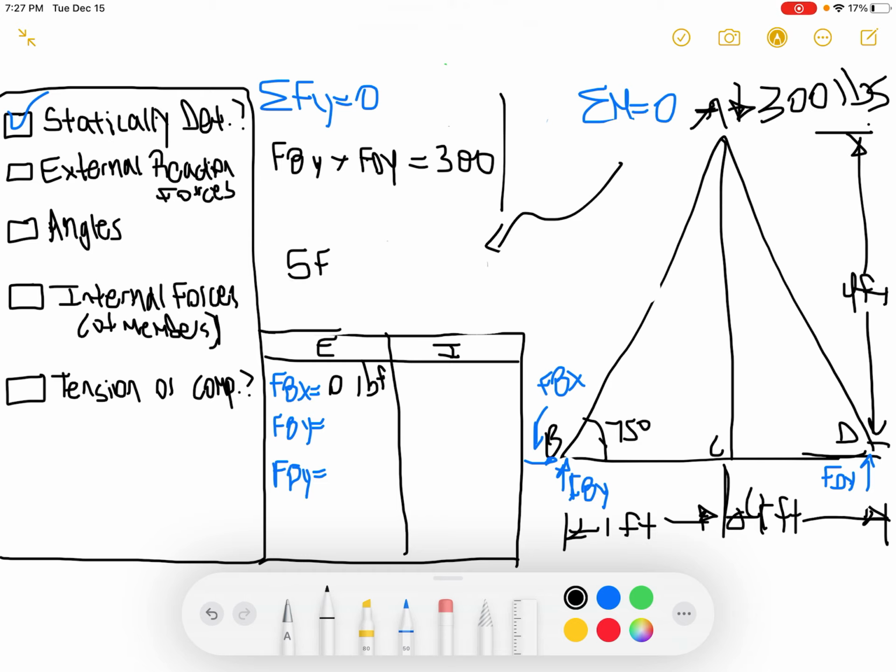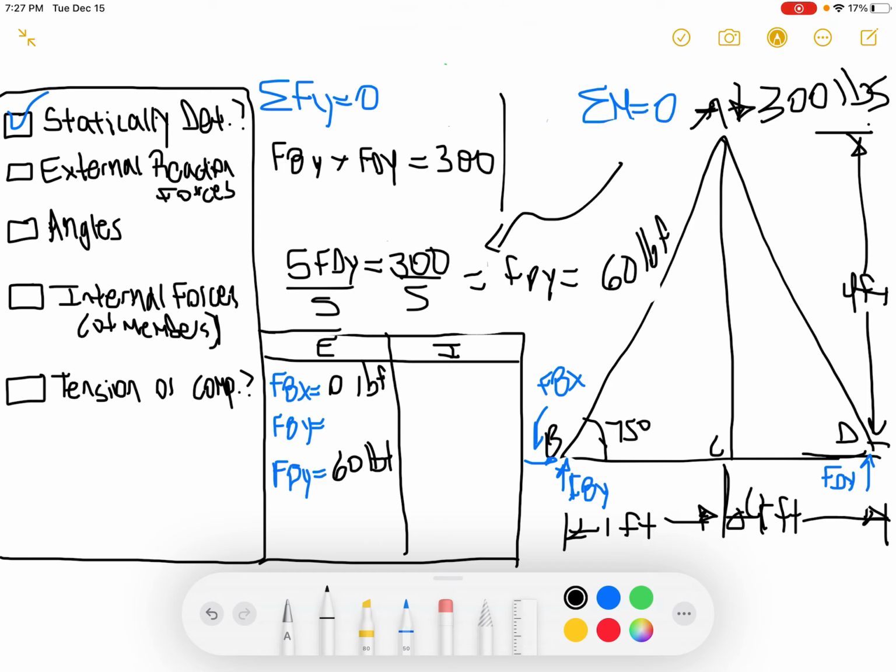So we just moved the 5 to make it a coefficient of the FDY. We can divide by 5 then, and we get that FDY equals 60 pounds of force. Yay, we found another one. After all that work, we finally found another external force.